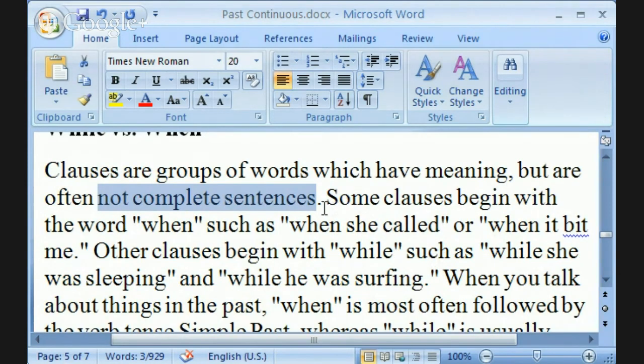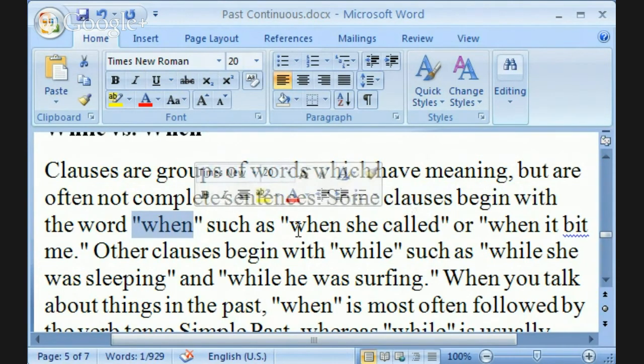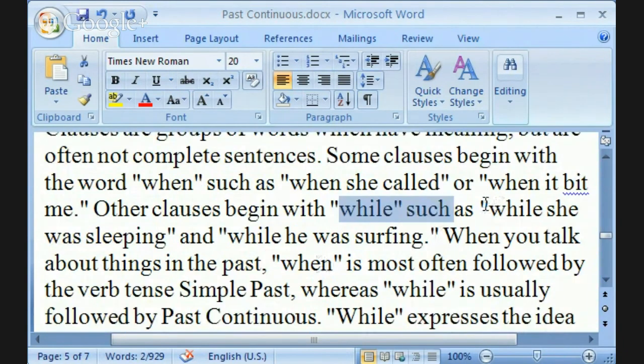All right, there are many, many subordinators, words which create subordinate clauses. Common ones are when, such as when she called, when it bit me, and also while she was sleeping, while he was surfing.